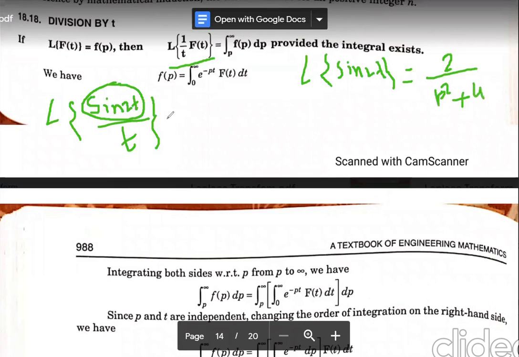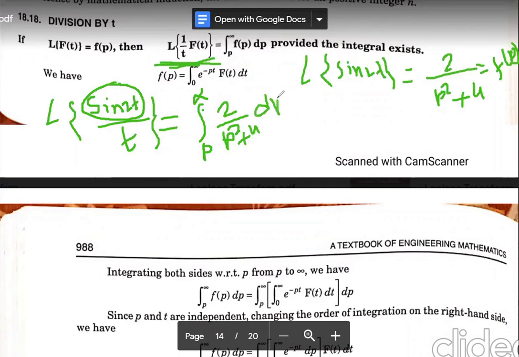So you got the Laplace transform of this part. If you use this result, you can write the integration from p to infinity of F of p, this is your F of p, so it will be 2 by p square plus 4 dp.